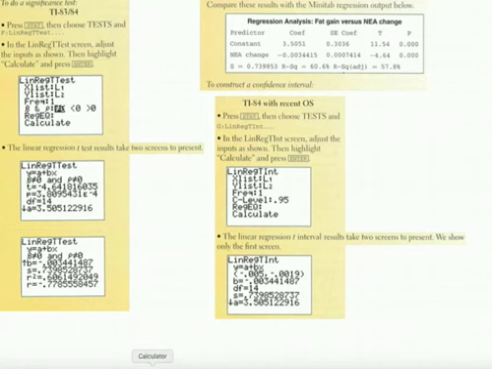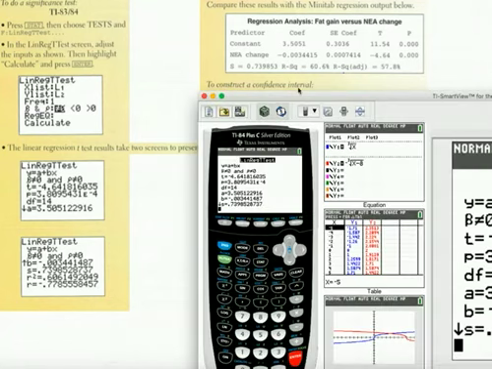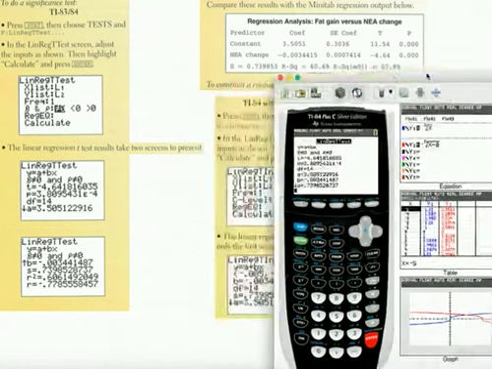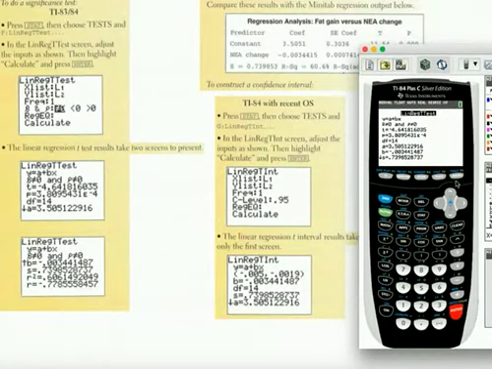All right. From there, if you wanted to calculate an interval, then you would go to Stat, go over to Tests, and you would do a LinRegTInt, which is G. So you'd have X as your L1, Y as your L2, frequency would stay at 1.